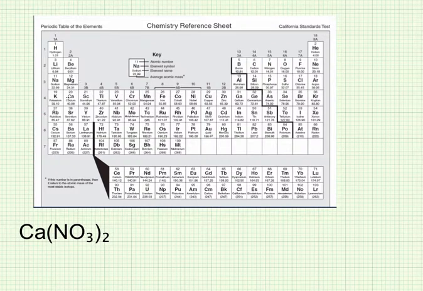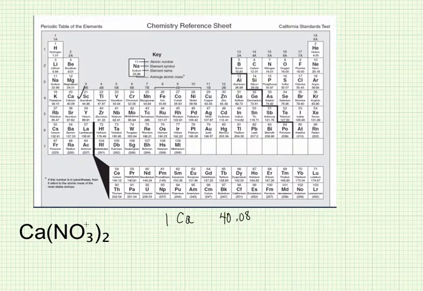Calcium is a metal, so it's over here. It's got a mass of 40.08. So I've got 1 calcium with a mass of 40.08 grams per mole. Now let's take a look at the nitrogen.